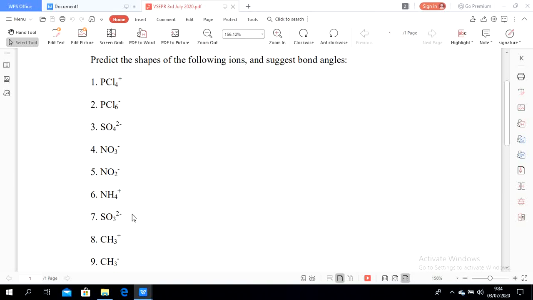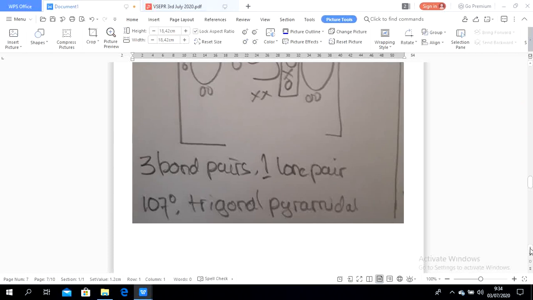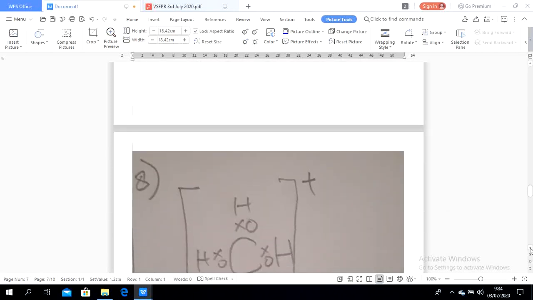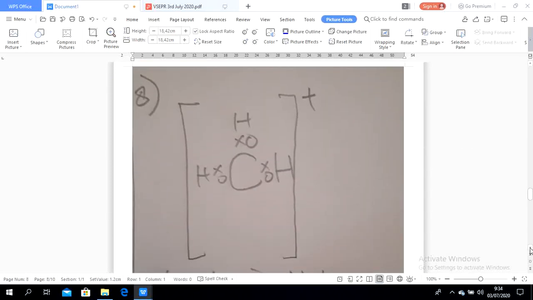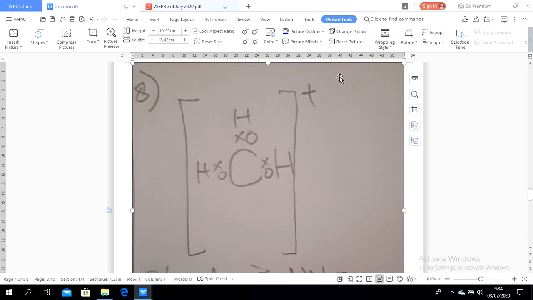And then there is CH3 positive. The diagram will look like this one. There are 3 bond pairs because the 1 electron of the carbon has moved out, has undergone ionization.